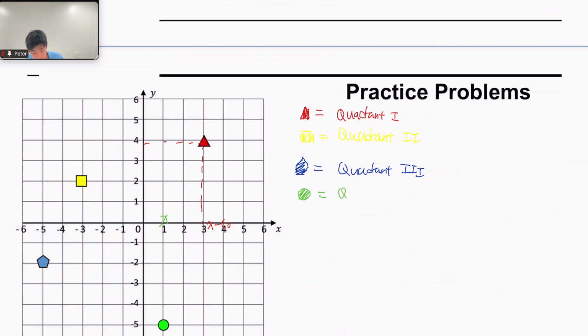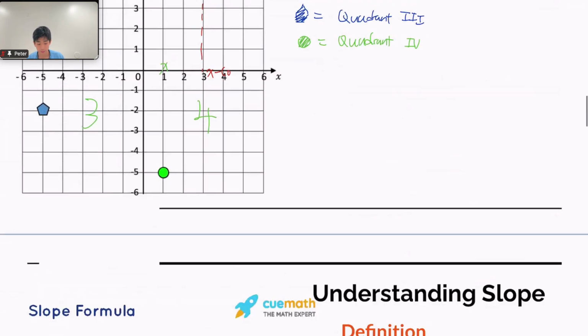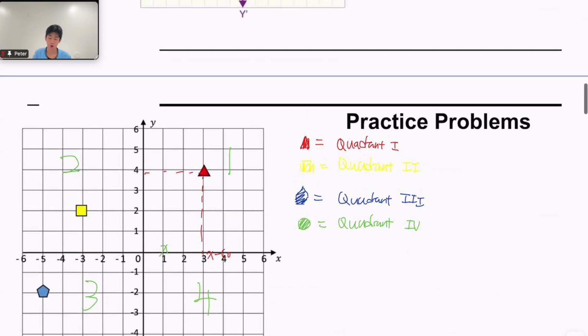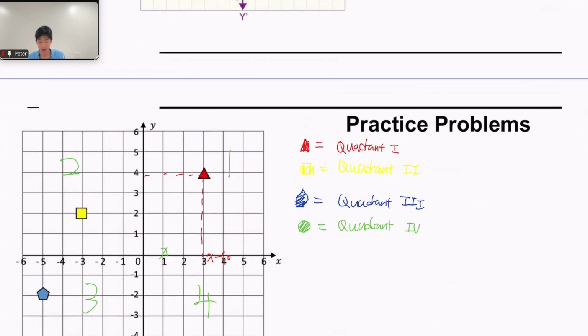So this can only be quadrant 4. So you can memorize it this way: 1 on the top right, 2 go left 1, 3 go down 1, and 4 go right 1. Okay, so quadrants are pretty easy. It's just how we understand, sort and separate the coordinate plane into 4 parts. And that's pretty easy.